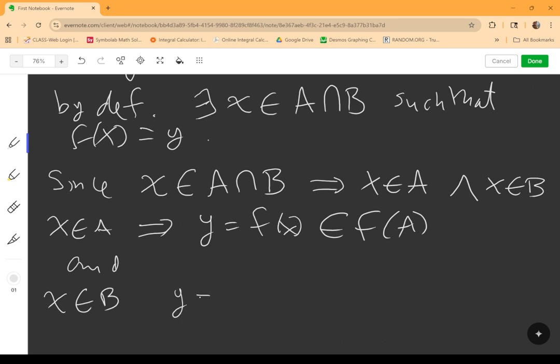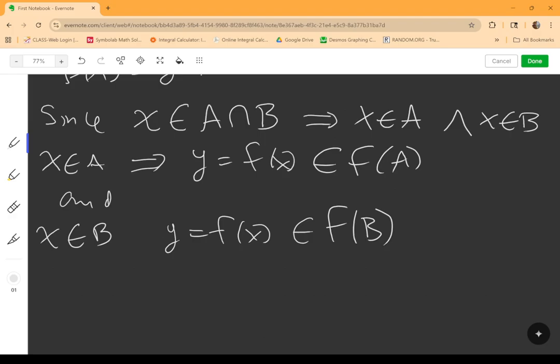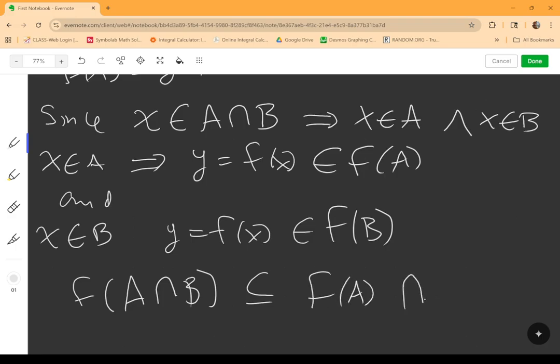So that means y equals f of x is an element of the images of B. Now individually, this y is an element of f of A and f of B. So we have shown here that f of A intersection B is a subset of f(A) intersection f(B), because y was just a general image in f of A intersection B.